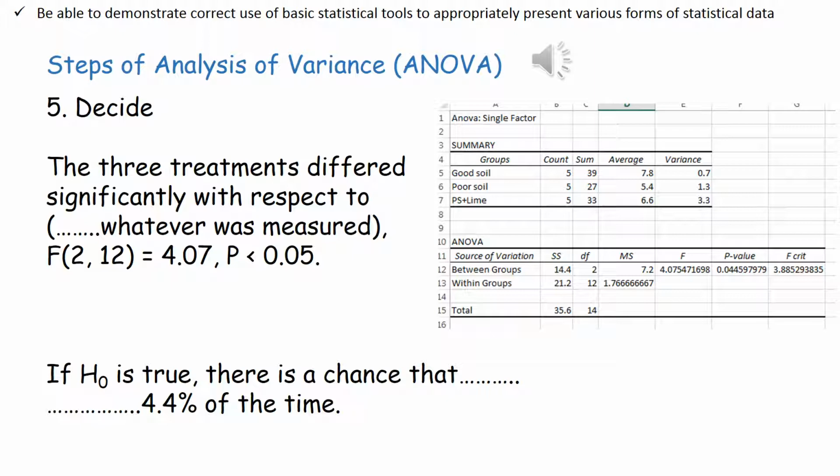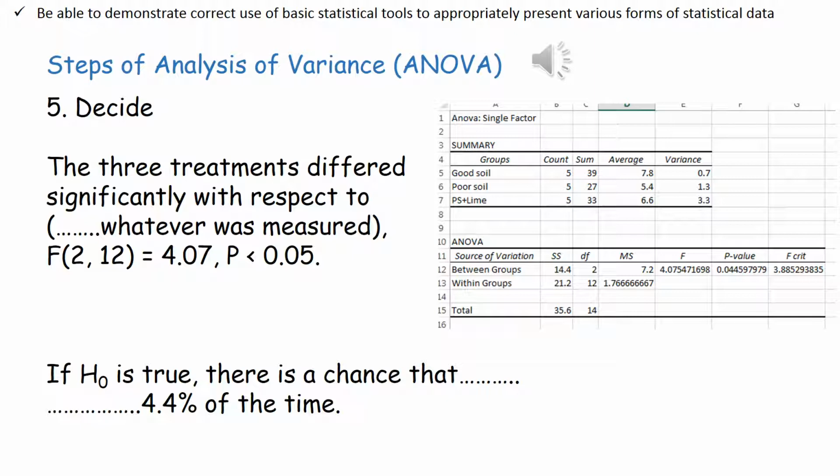Now that we have taken that last step to decide to reject the null hypothesis, this is a statement that we might put in our report about the significance of results with respect to the sample that was tested and the F and P values that were used.